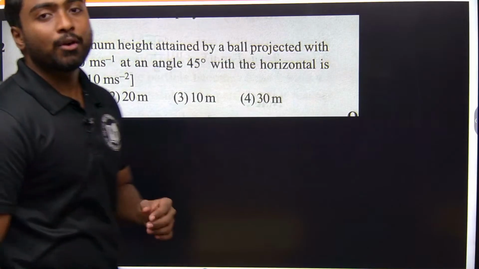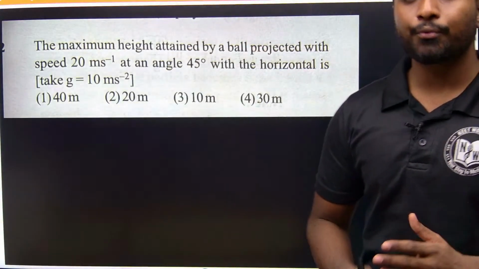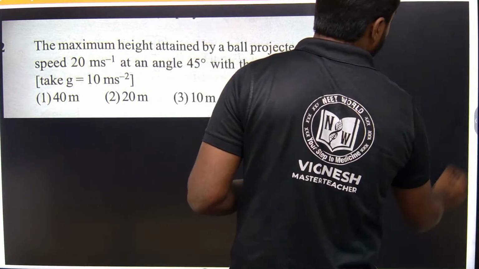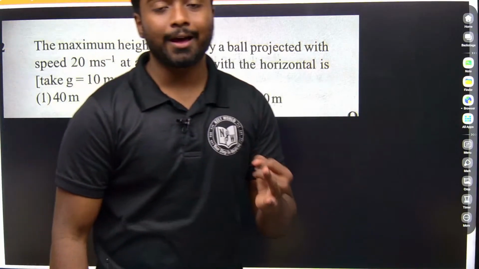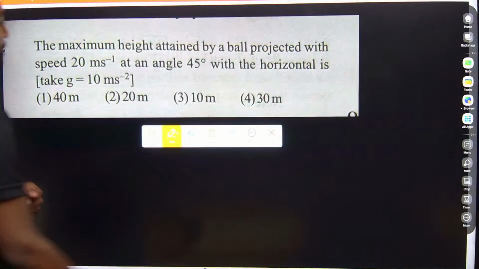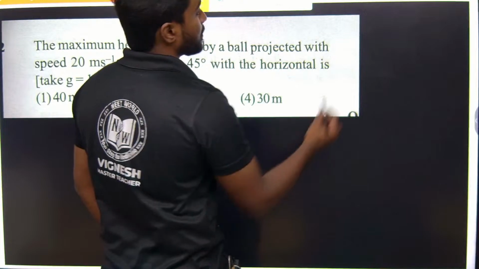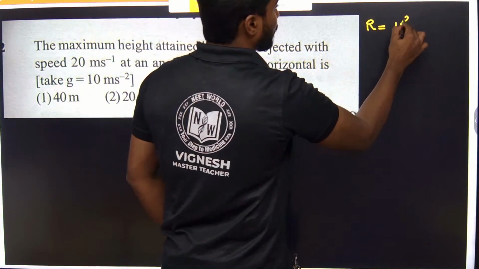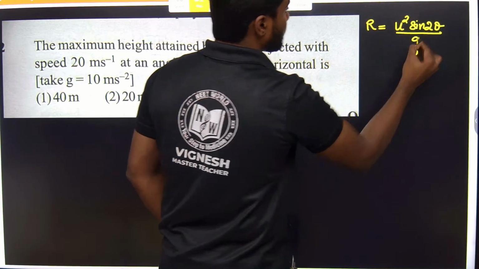Before going into the question, let me write those formulas which we have discussed in the last class. One is range, one is height, one is time of flight. Range equals u square sin 2 theta by g.